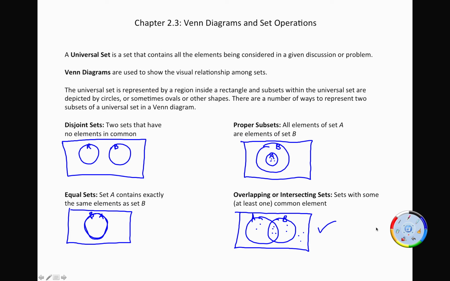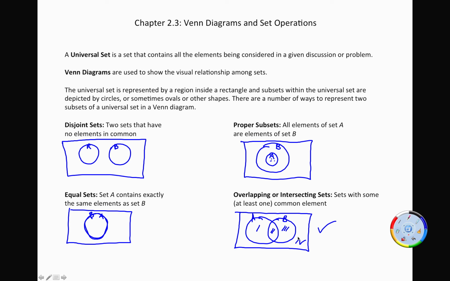Okay, let's make sure that we understand what these regions represent. I'm going to go in and label each region, and you might see the regions labeled like this in some of your homework problems. So let's call this region 1, region 2, region 3, and region 4.